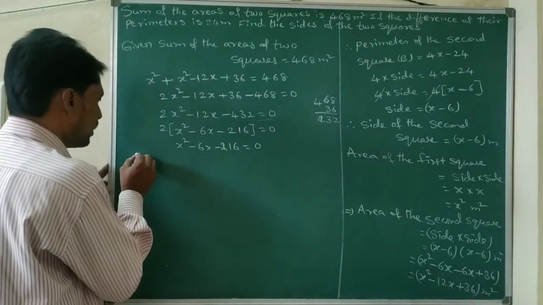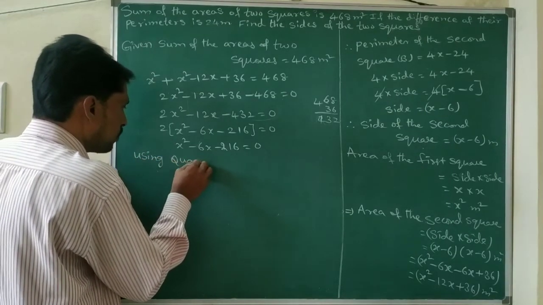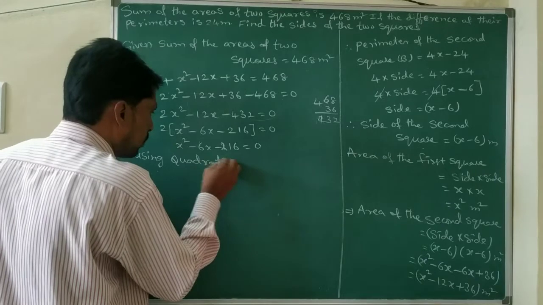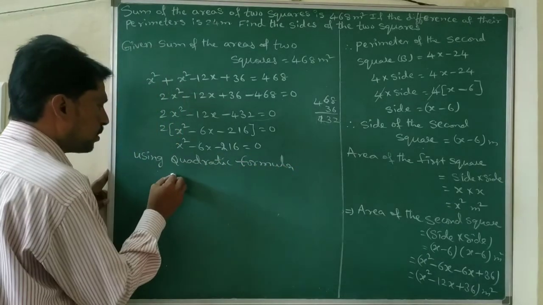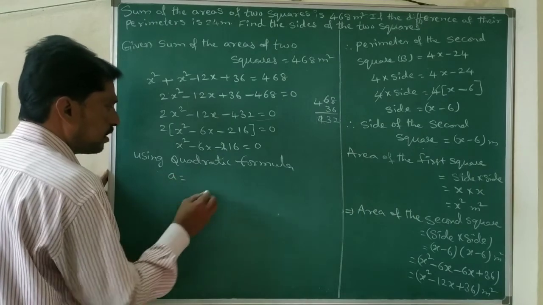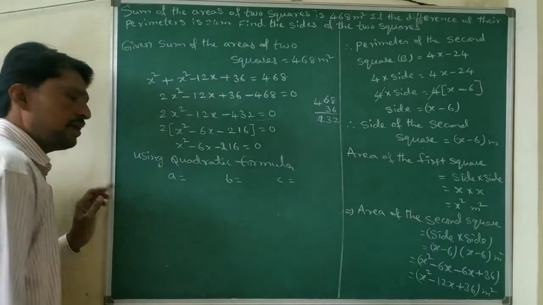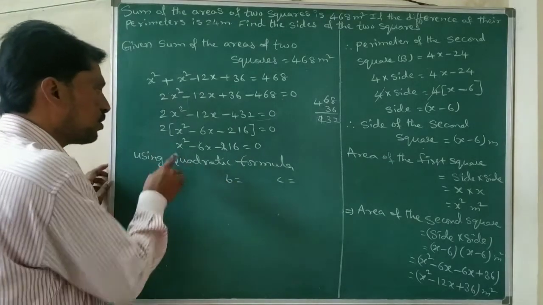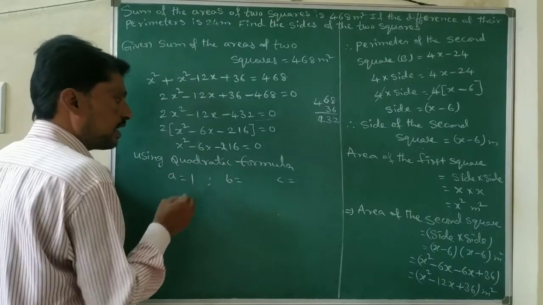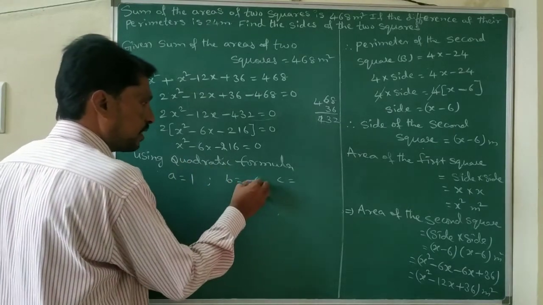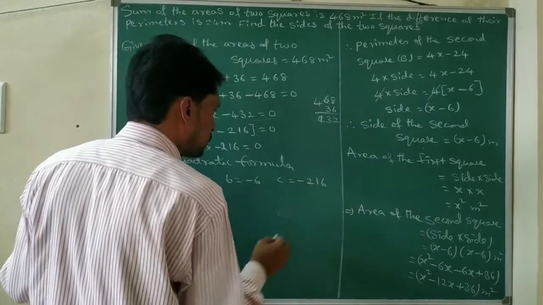Using the quadratic formula, what are a, b and c here? a is the coefficient of x square, which is 1. b is the coefficient of x, which is minus 6. c is the constant term, that is minus 216.